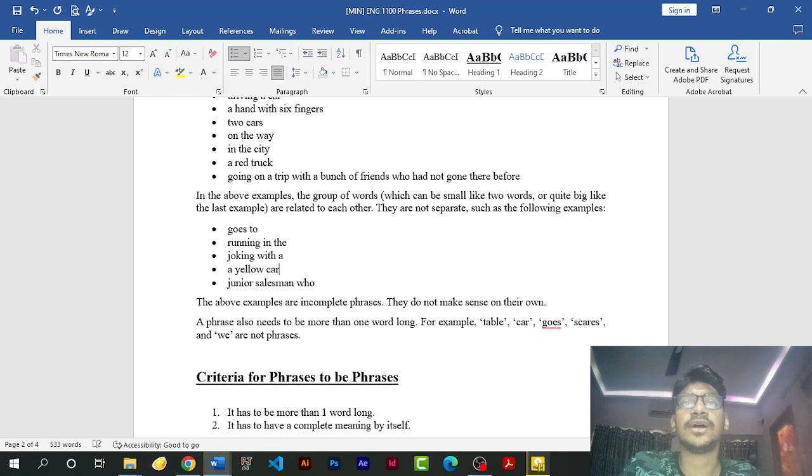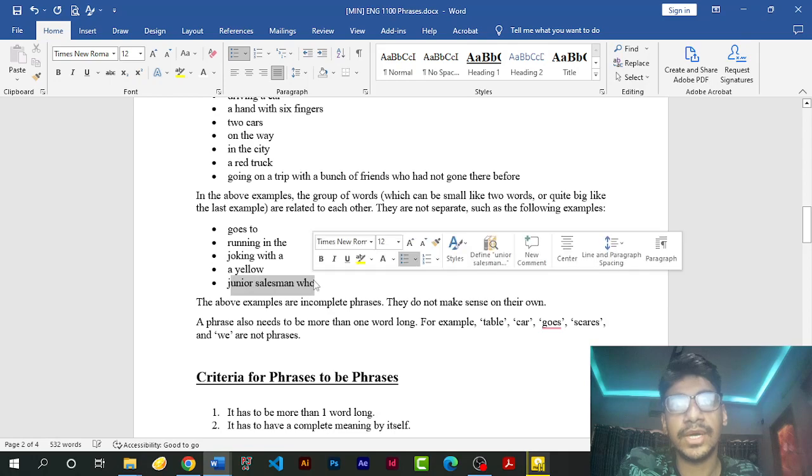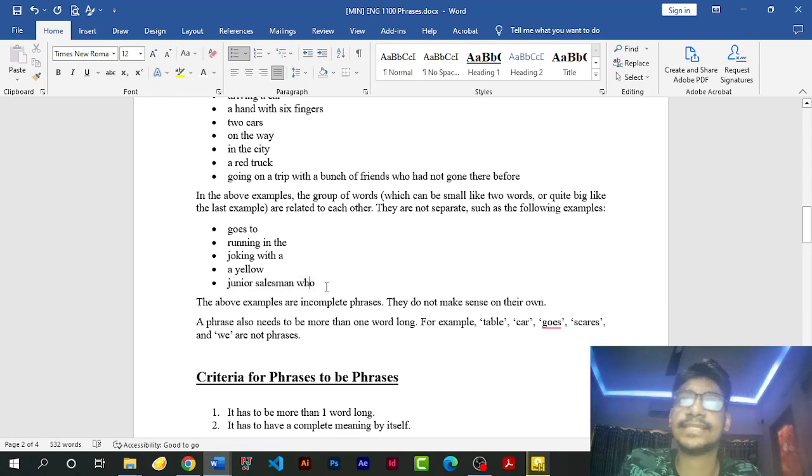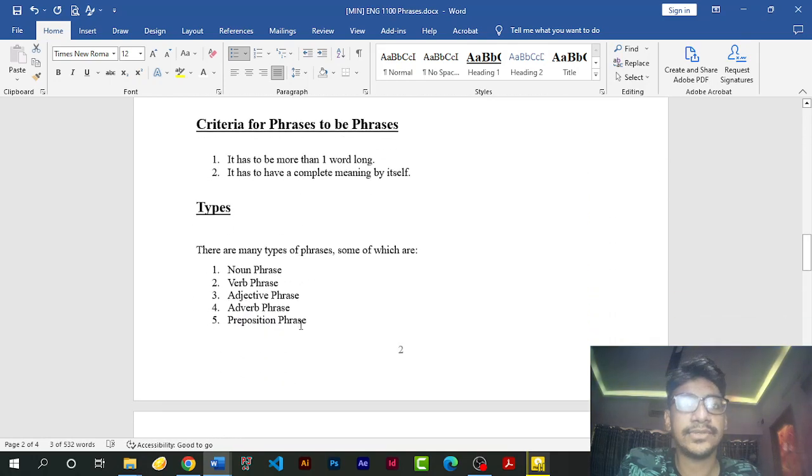It could be a lot of things, but if there is no word subsequent to yellow, I mean a yellow, then it's not a complete phrase. Also, junior salesman who what, who does that, who is sick, who is tall, who is absent today, right? So it's incomplete. I think you guys get it.